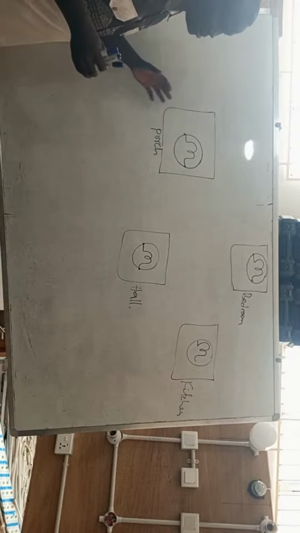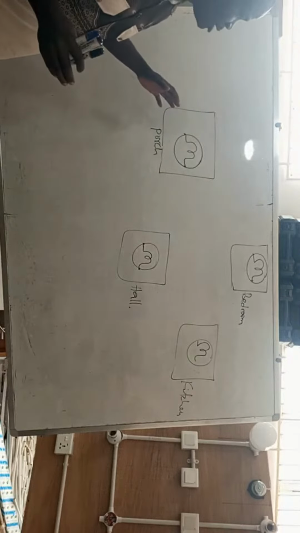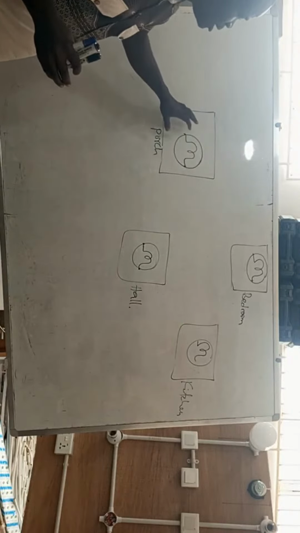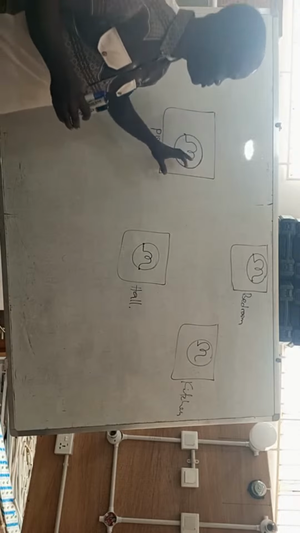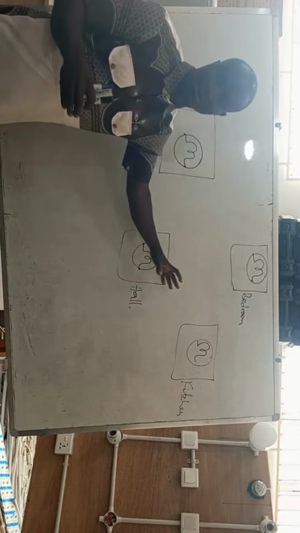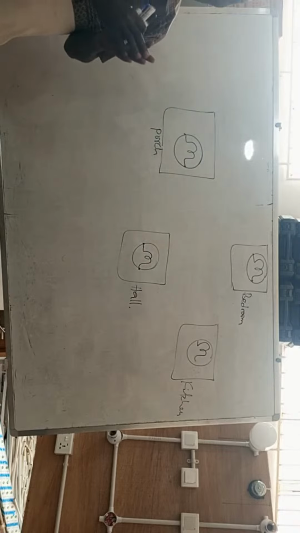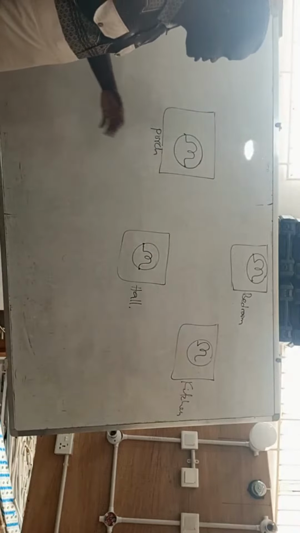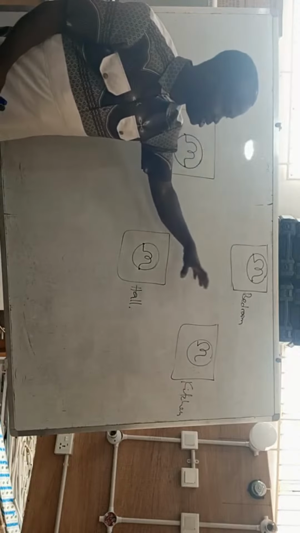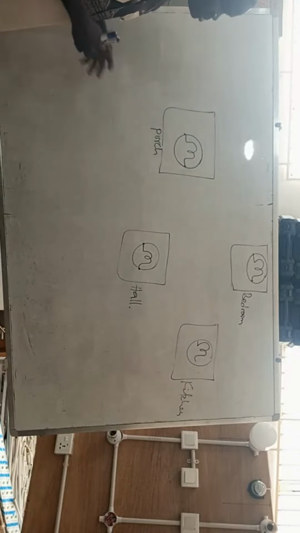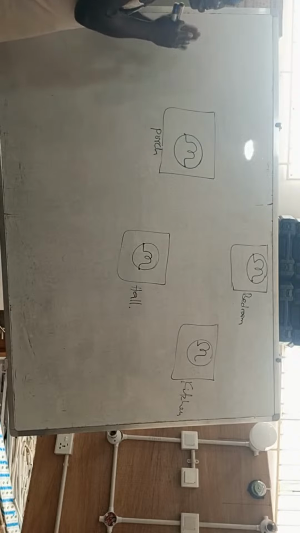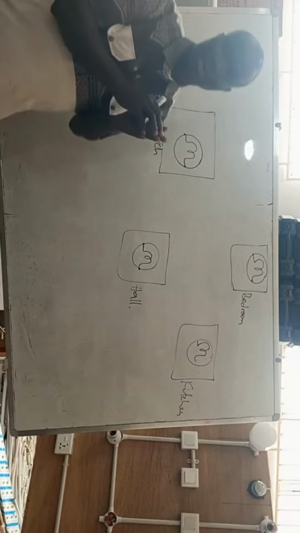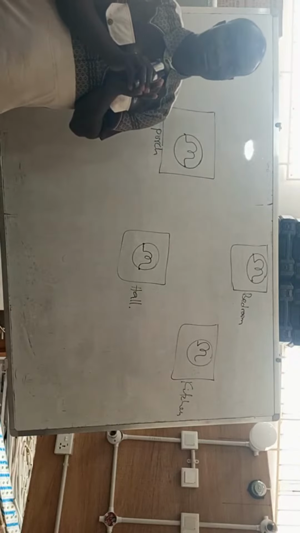But in this wiring, I am going to wire all these lamps to one circuit. When I say one circuit, I mean that I am going to wire all these lamps to one breaker in the consumer unit.